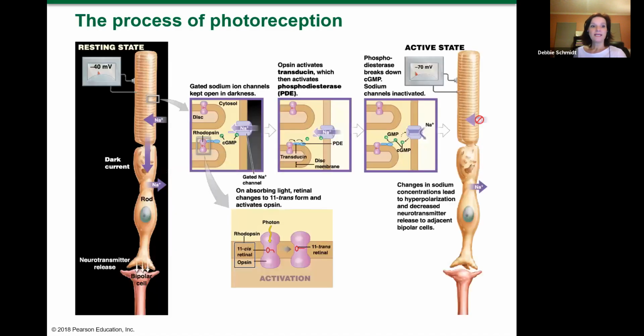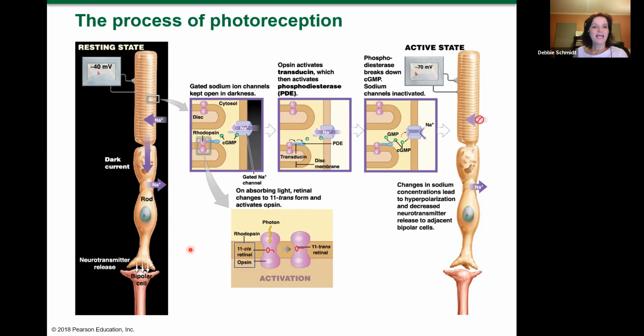All right, now we need to talk about the process of photoreception. I'm going to go through this a little bit in detail here because it's interesting. In the resting state, this is in the dark, we have gated sodium ion channels that are open, and sodium is flowing into the cell with its positively charged ion.